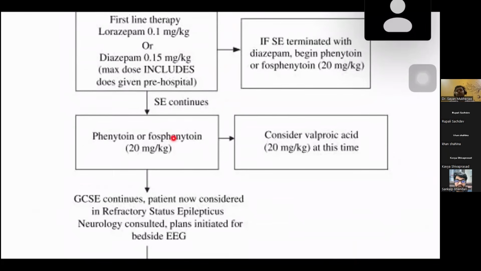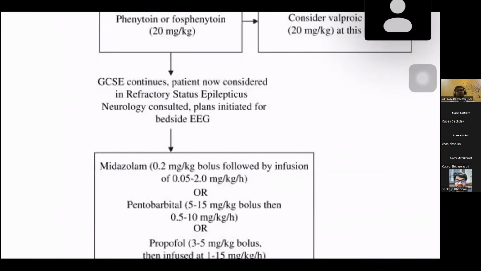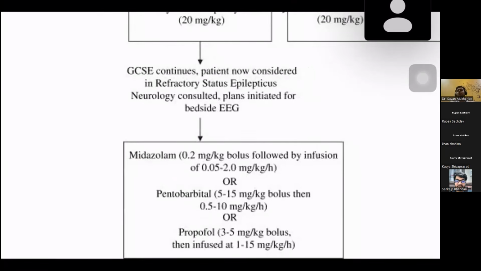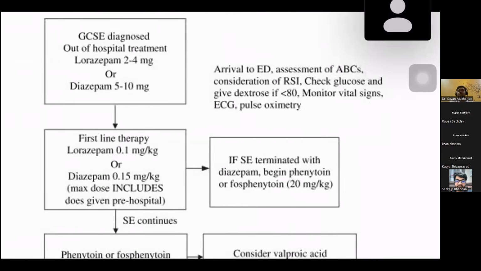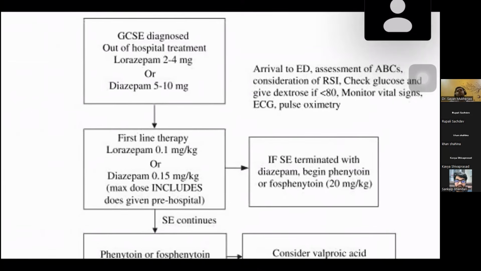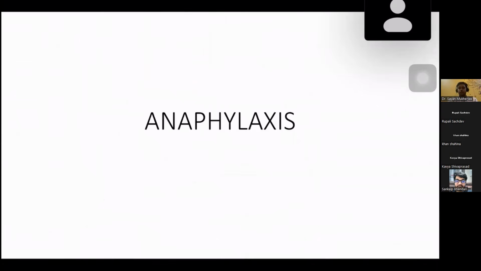You can use fosphenytoin, you can use valproic acid, and you can also use levetiracetam. And if nothing works, then IV anesthetics are used like midazolam and pentobarbital. Not required for you to know. Just know this: how to protect the airway, what is the recovery position, and what is the first drug you should give: lorazepam or diazepam. Use a benzodiazepine. That's all you need to know here.